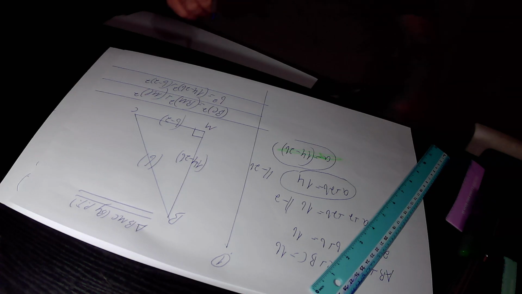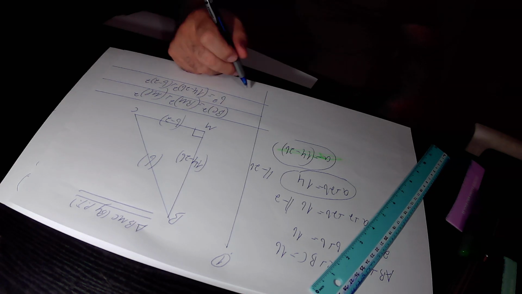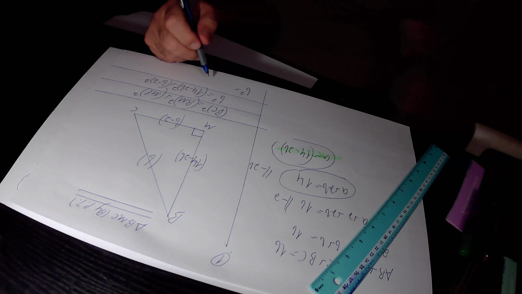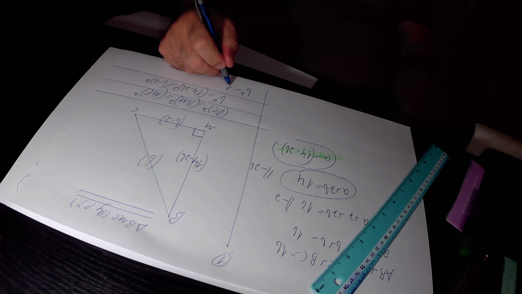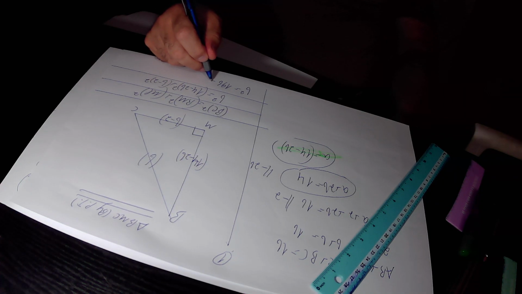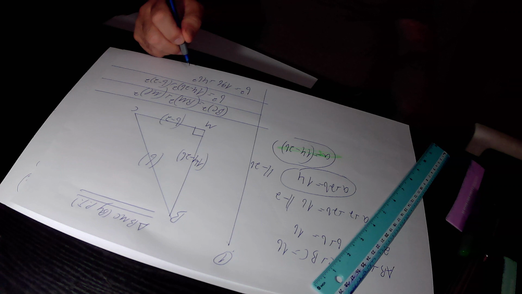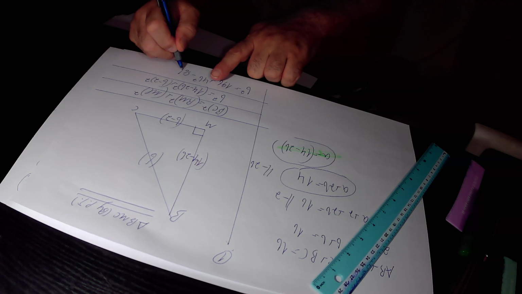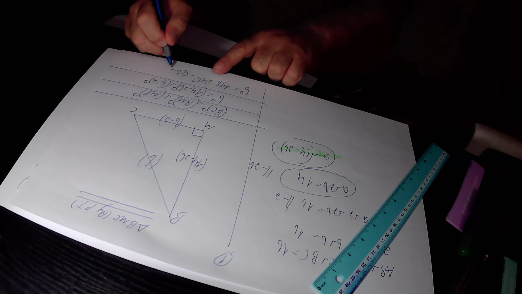So here we open the brackets on this side of the equation. (14 minus 2B) squared equals 14 squared, that is 196, plus (2B) squared, that is 4B squared, minus 2 times 14 times 2B. 2 times 14 is 28, and 28 times 2B is minus 56B, plus (B minus 2) squared.